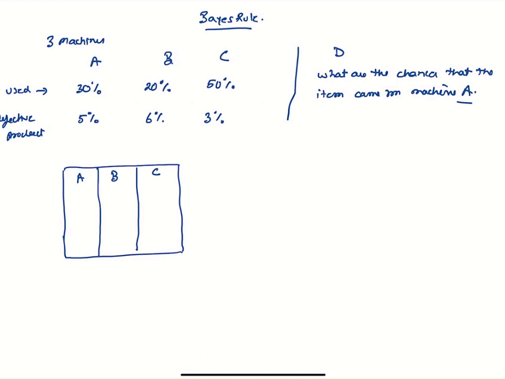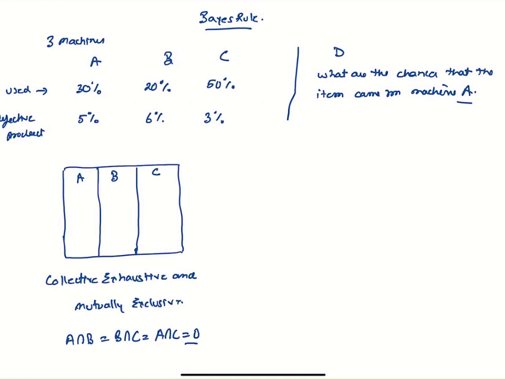When we say this, A, B, and C are collectively exhaustive and mutually exclusive. They are collectively exhaustive because together they include the entire sample space, and they are mutually exclusive because it's either A or B or C. So the intersection of A and B, B and C, and A and C is 0.